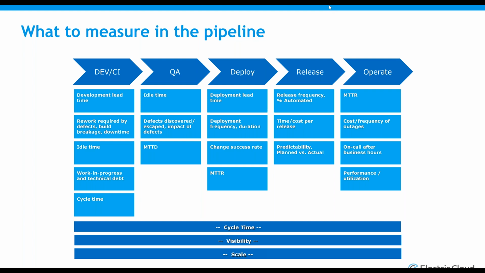What we mean by that is basically, are you doing this for one product or for 5,000 products? For 10 engineers or 50,000 engineers? How and what you measure will be a little different at a smaller scale, in terms of complexity and team size.